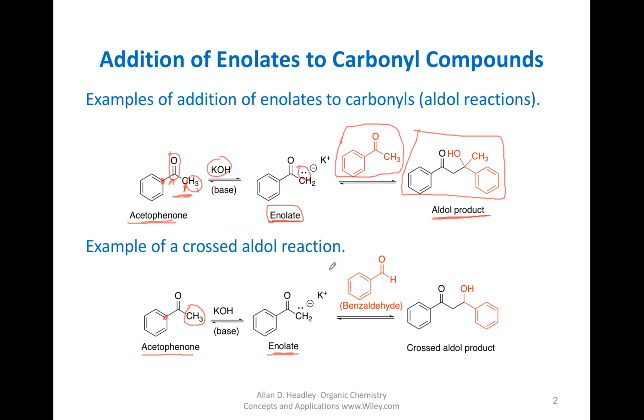So let us say you introduce benzaldehyde, this molecule here. Notice this molecule here does not have alpha hydrogens. This hydrogen here is not an alpha hydrogen because it is not bonded to an alpha carbon.